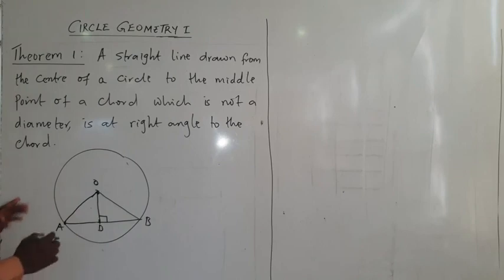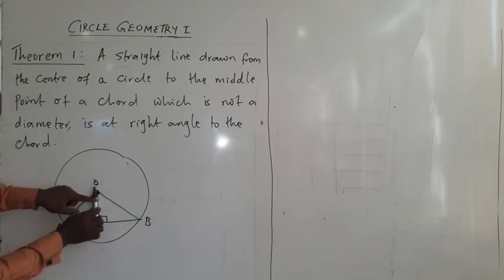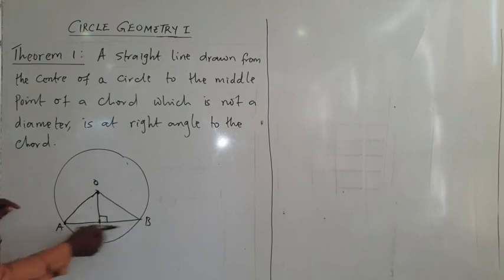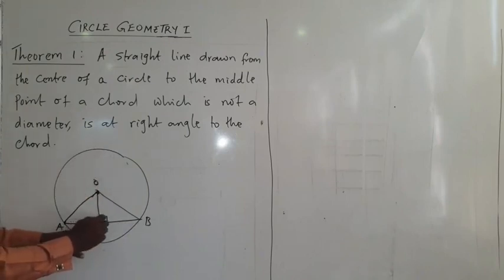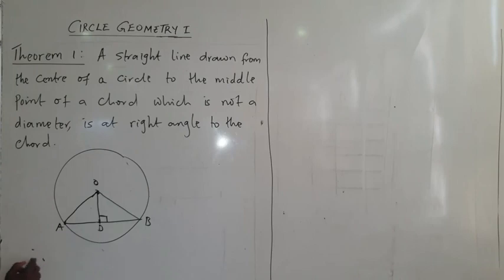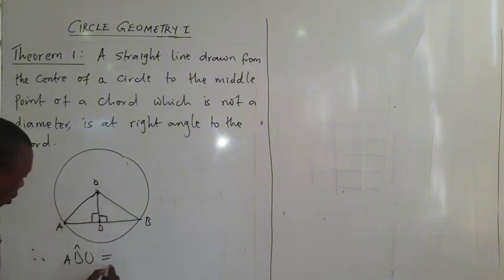So the theorem says the line drawn from the center of the circle is at right angle to the chord. That's just the summary of the theorem. So invariably, therefore, angle ADO and angle BDO are equal.